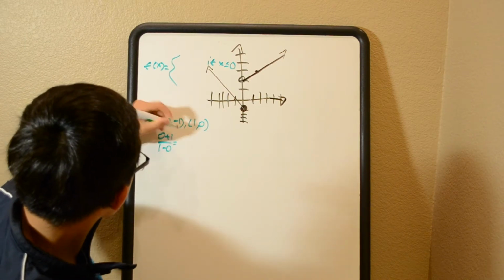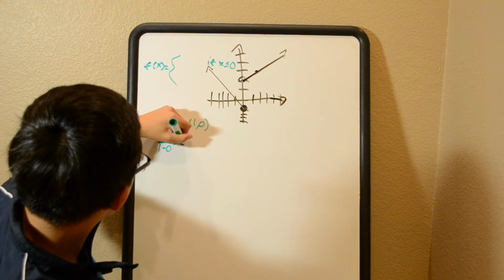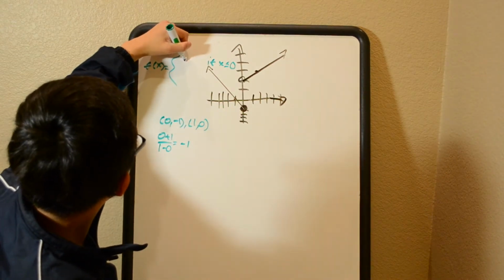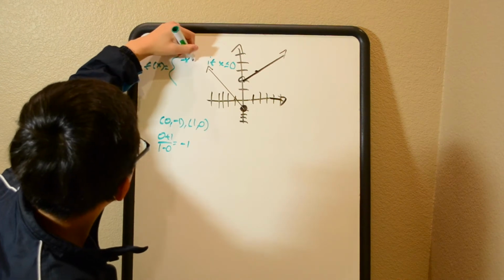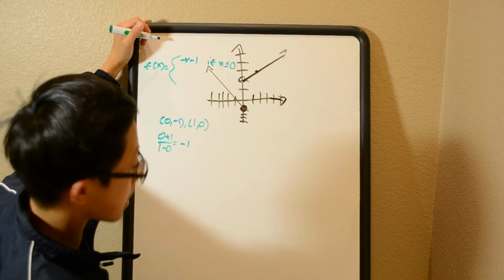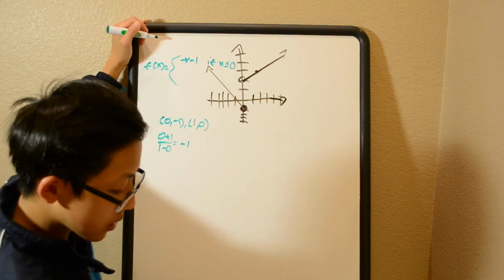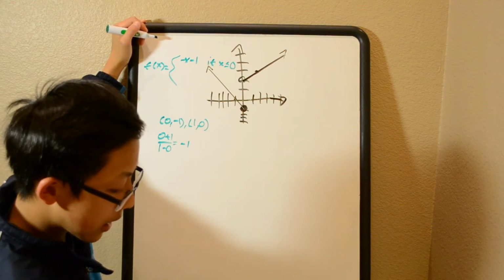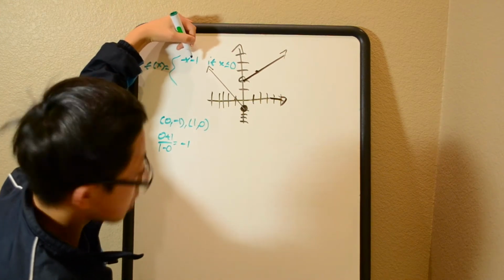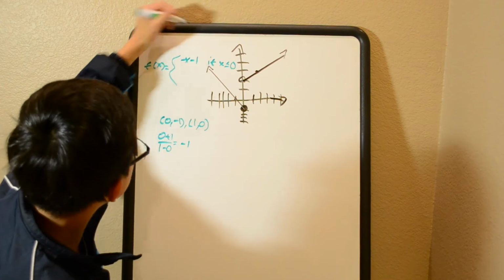And we have the slope of negative 1. And we have negative x minus 1. So let's plug in the x value of negative 2. So negative 2, which is 1, and yeah, it works.